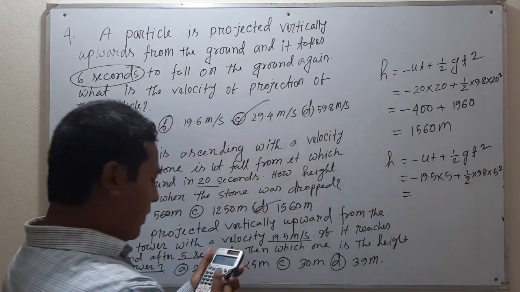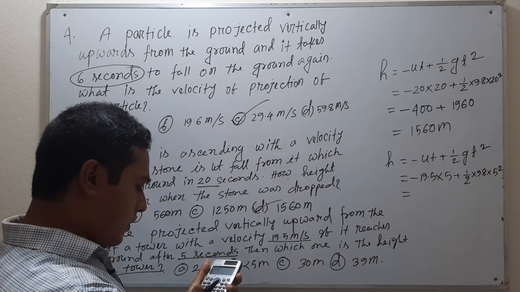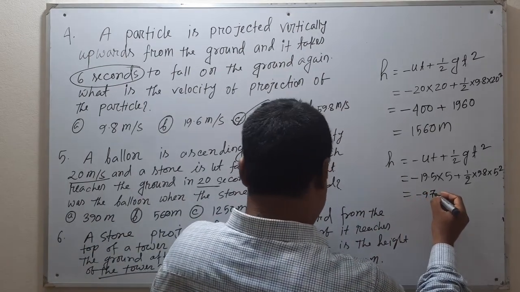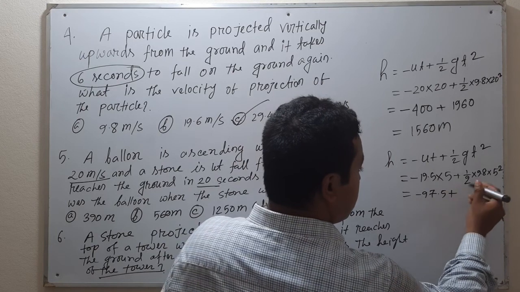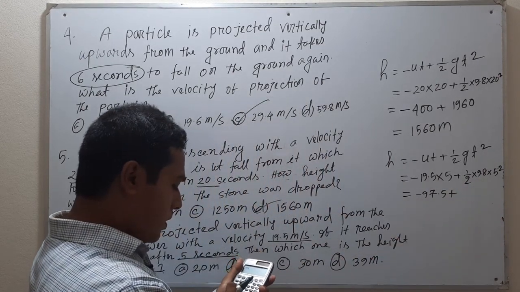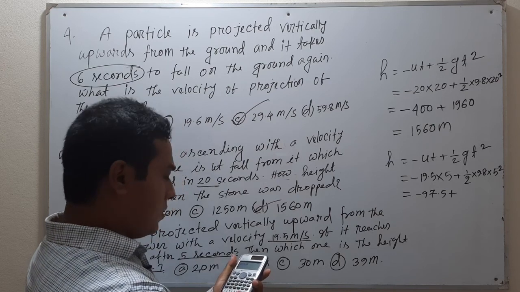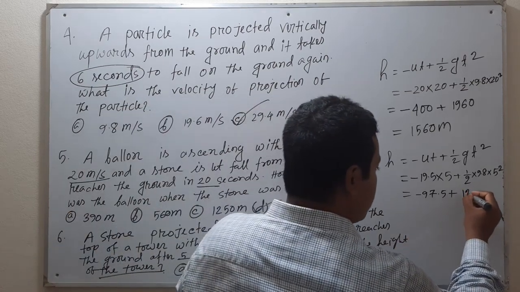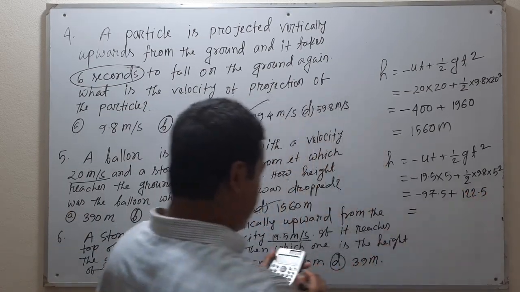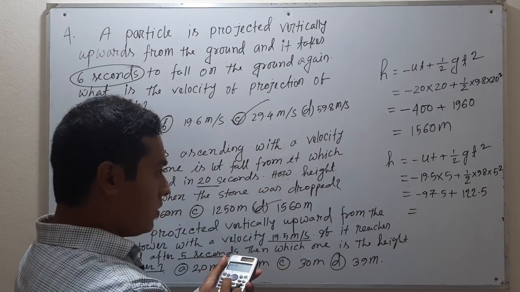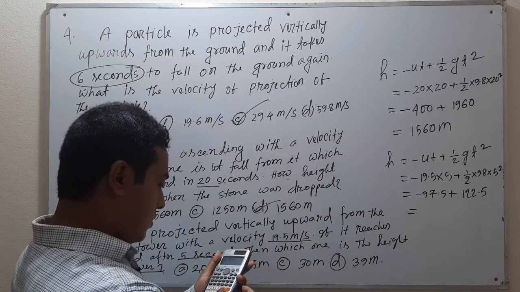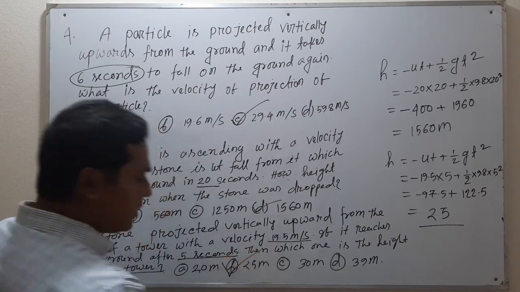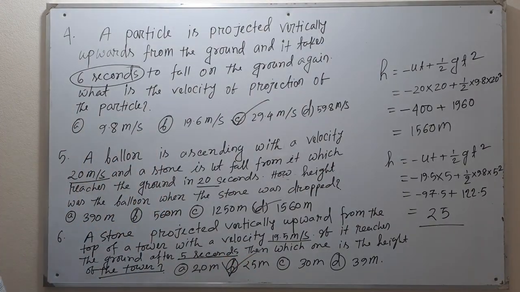Okay, so 19.5 into 5 is equal to 97.5, plus 25 into 9.8 divided by 2, which is 122.5. So h is equal to 25. Okay, answer option is B, which is 25.